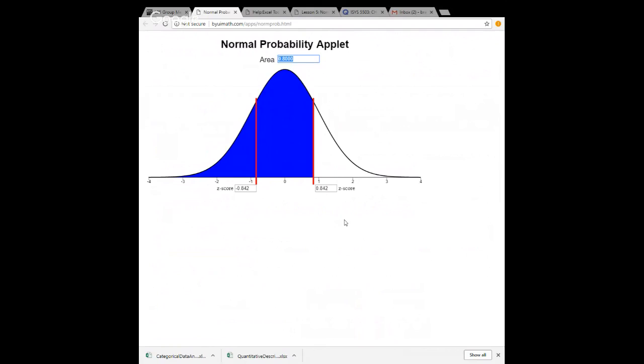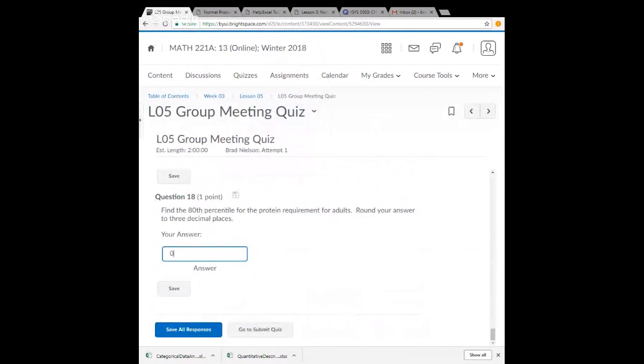Yeah, it's going to be a positive 0.842. So 0.842 times 0.07 plus 0.65 is 0.709. Yeah, that's what I got. 0.709, right?